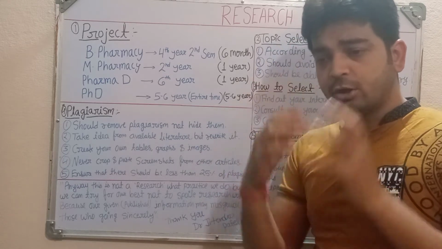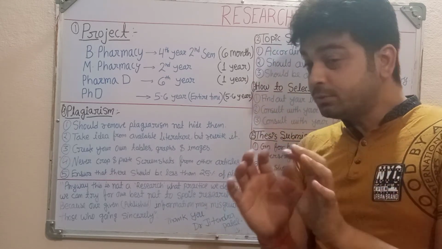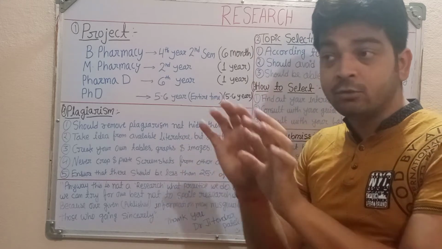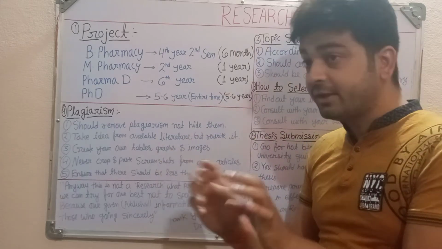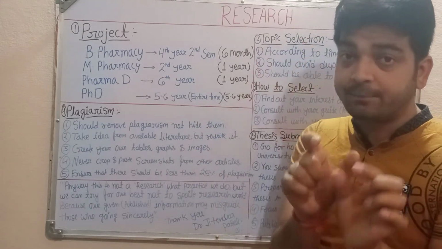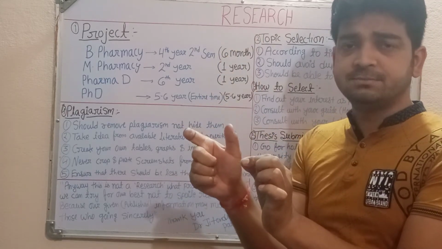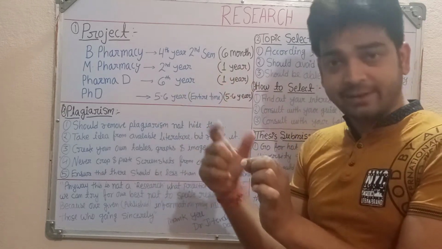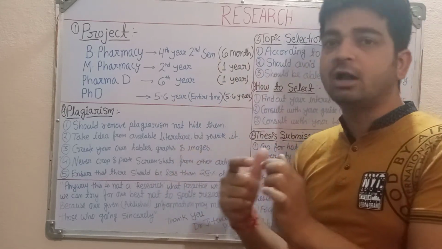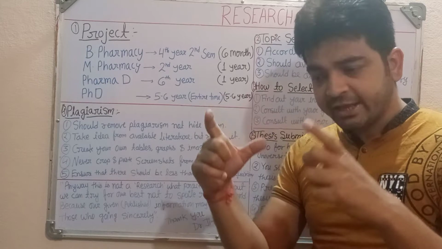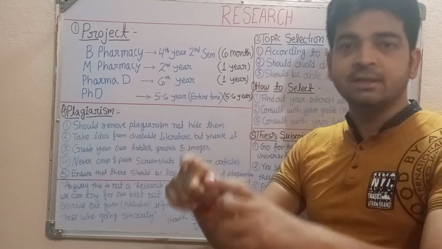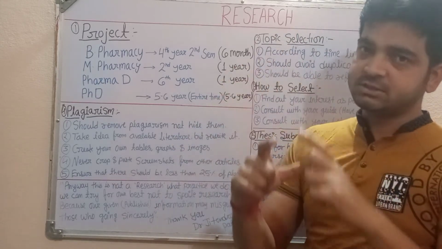Suppose you have got your own values, so you should prepare your own table and feed in the data. You should prepare your own graph with whatever data you obtained, right? So many software packages are available, GraphPad Prism, or Microsoft Excel, right? Images also: while doing research you take your own picture, and that image you can use in your thesis as well as in your article.